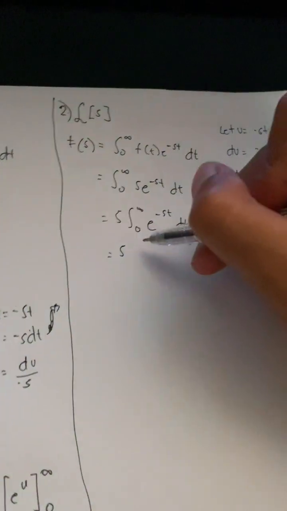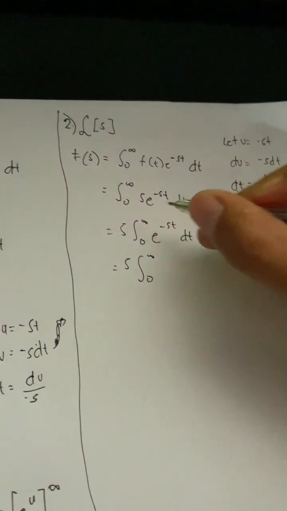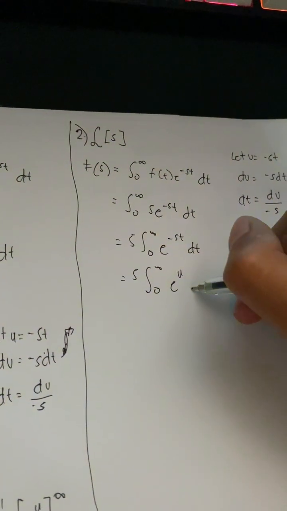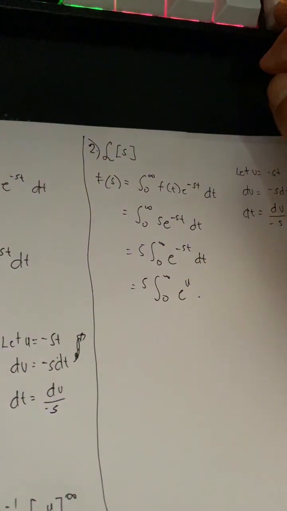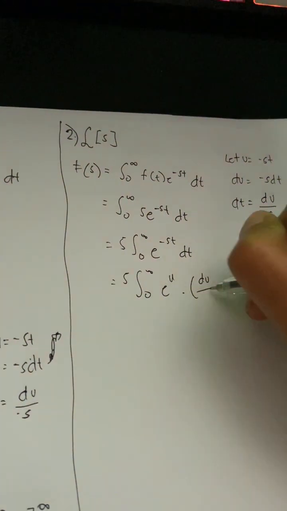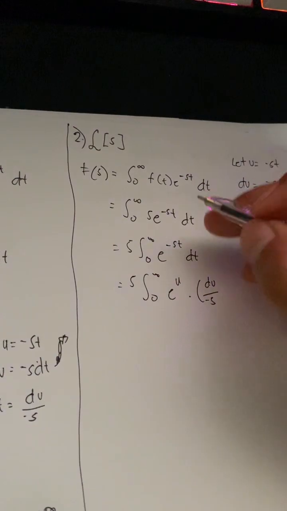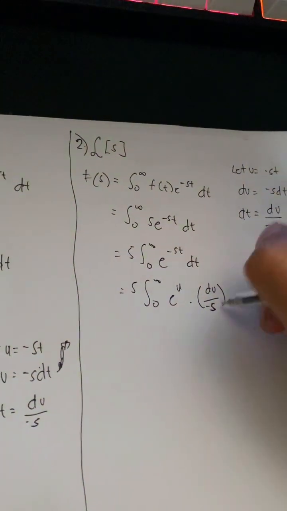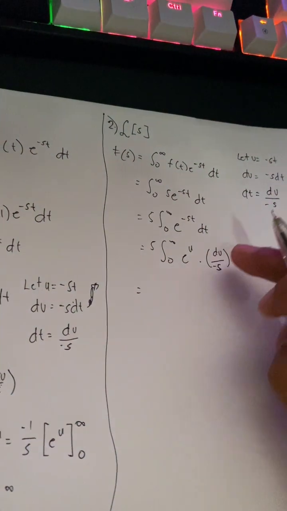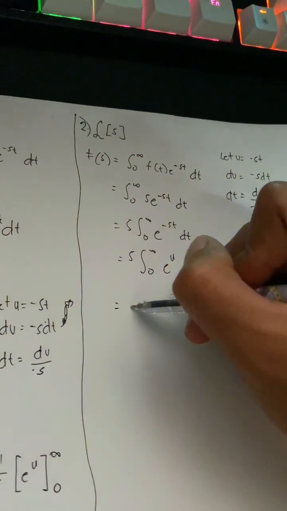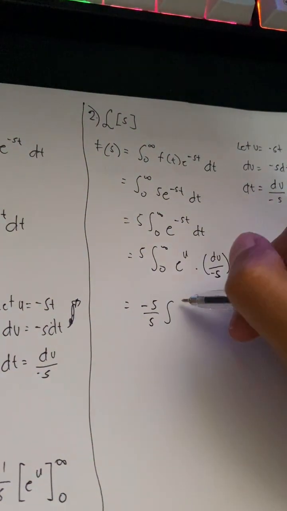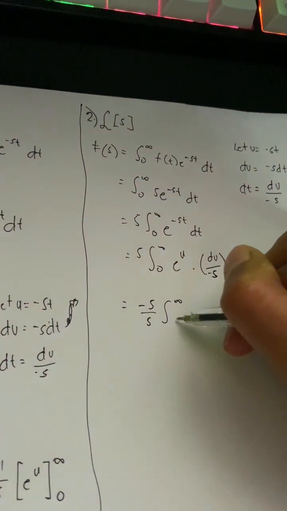We substitute, so we have e raised to u multiplied by du over negative s. I can factor out negative 1 over s because we are integrating again in terms of u. So we have negative 5 over s times the integral from 0 to infinity of e raised to u.